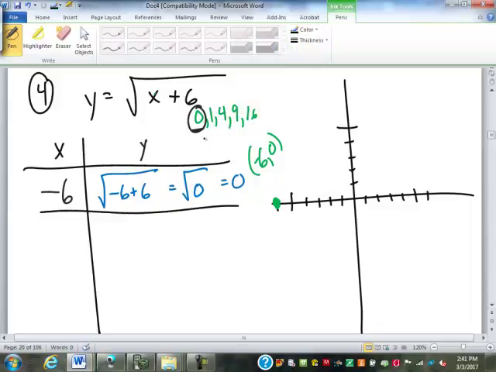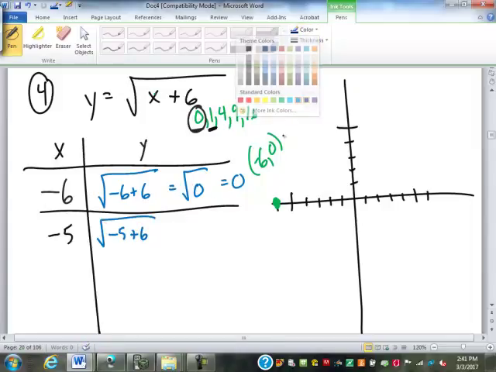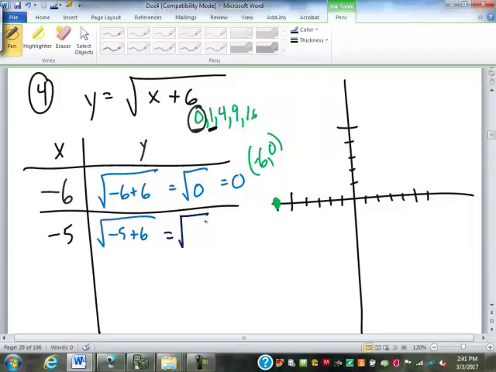Now the next one I gave you, let's look up here. The next perfect square would be 1. What value could I pick for x that would make x plus 6 be 1? Well, I believe I gave you -5, correct? So that means this is the square root of -5 plus 6. What is -5 plus 6? 1.